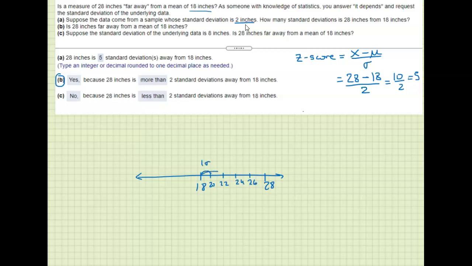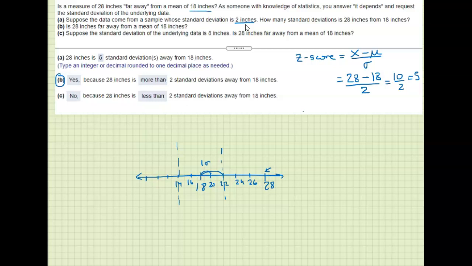So anything within 2 standard deviations of the mean is not far away, but anything past 2 standard deviations higher than the mean is far away. So 28 is very far away. Same goes on the other side. If I subtract 2, 16 and 14, anything lower than 14 would be far away from the mean of 18 also.